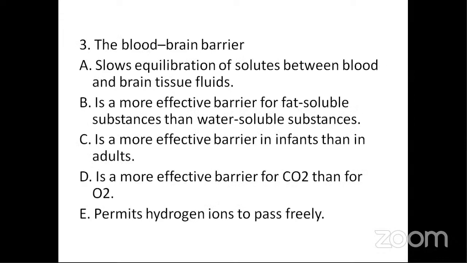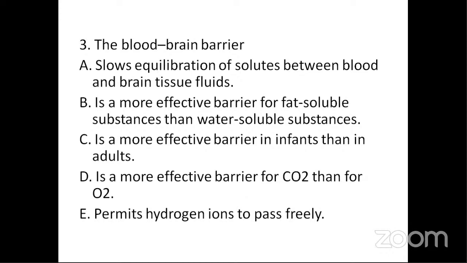The blood-brain barrier slows the equilibration of solutes between the blood and the brain tissue fluids, which is true because capillary permeability is lower in the brain than in other tissues.